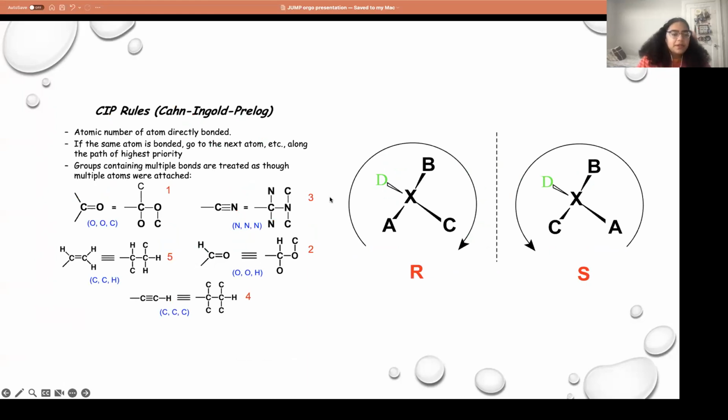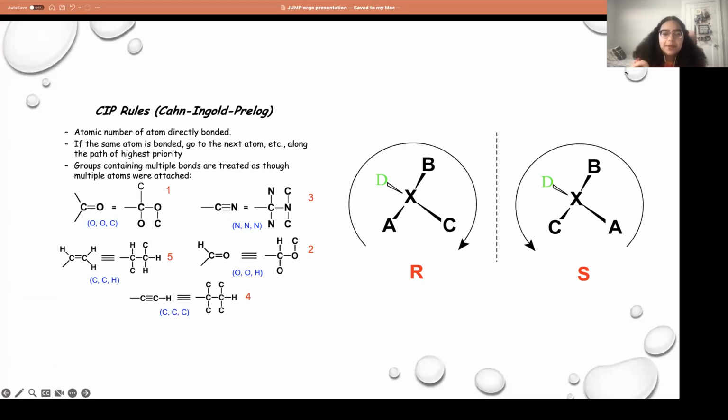And then in terms of figuring out for isomers whether things are enantiomers or diastereomers, if you have a chiral center, you can assign a priority. A chiral center is a carbon that's bonded to basically 4 different things. And you assign priority. So if X is your carbon, you assign priority by the Cahn-Ingold-Prelog rules.